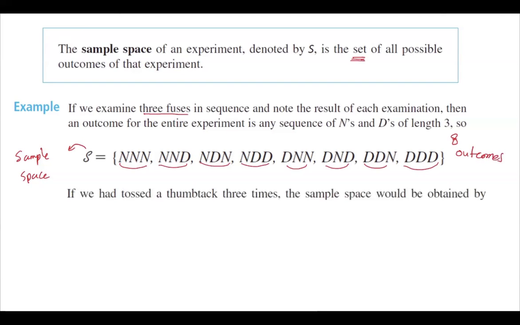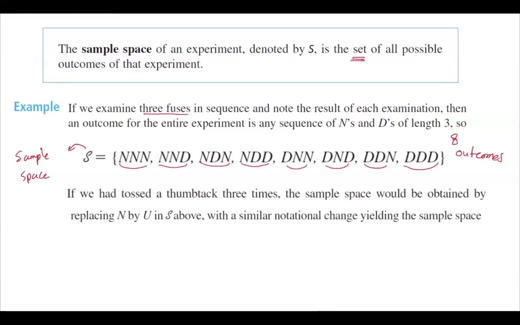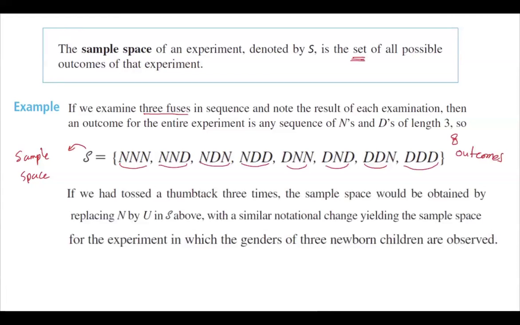If we toss a thumbtack 3 times, then the sample space can be a sequence of N's and U's. For the experiment in which the genders of 3 newborn children are observed, we have the same situation.